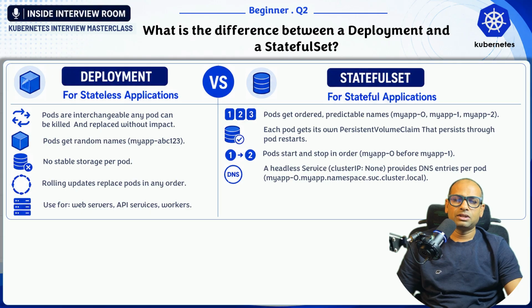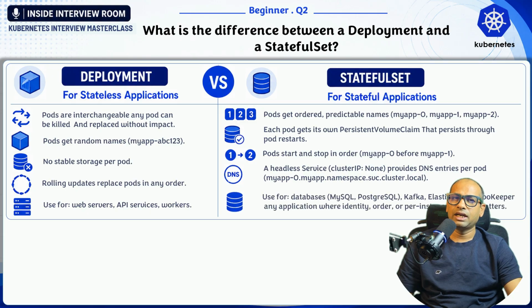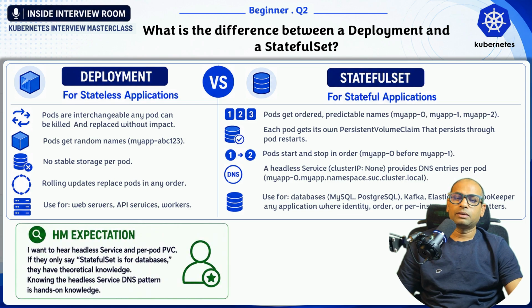A headless service, clusterIP none, provides DNS entries per pod, like myapp-0.myapp.namespace.svc.cluster.local. It can be used for databases, MySQL, Postgres, Mongo, Kafka, Elasticsearch, Zookeeper, any application where identity, order, or per-instance storage matter.